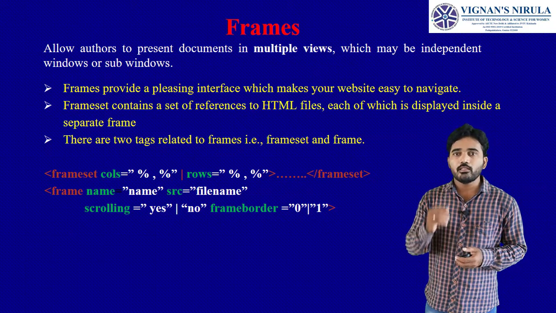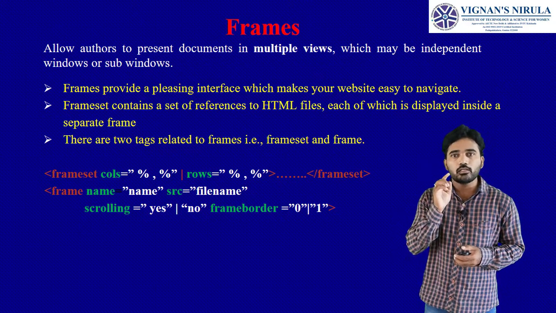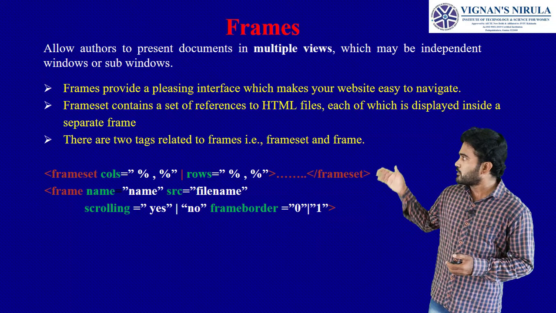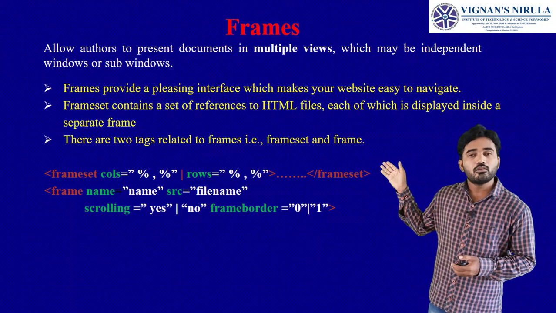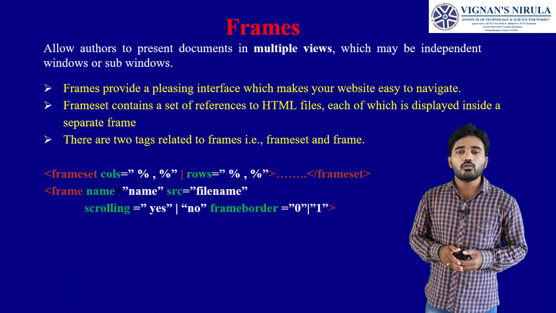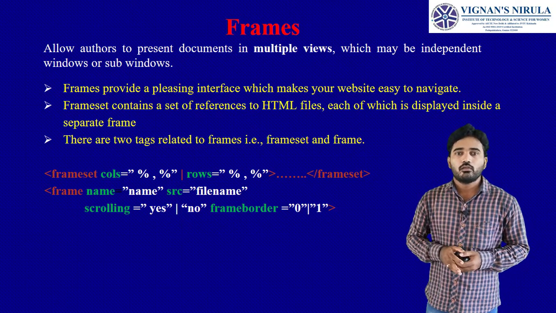First you need to write the frameset tag, and internal to that frameset tag you need to write the frame tag. So see here, first we have written a frameset tag by using attributes like columns and rows. Among columns and rows you may write any one. Understood?